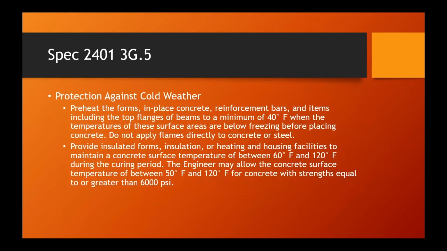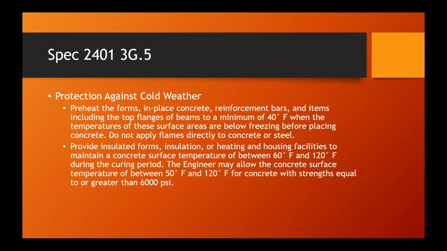Now we know some of the bridge details. Let's look into the issue of the concrete placement, starting with the cold weather spec, 2401.3G.5, protection against cold weather. All the forms, in-place concrete, reinforcement bars, top flanges of beams, everything needs to be preheated to a minimum of 40 degrees when the air temperature is below freezing before placing concrete.